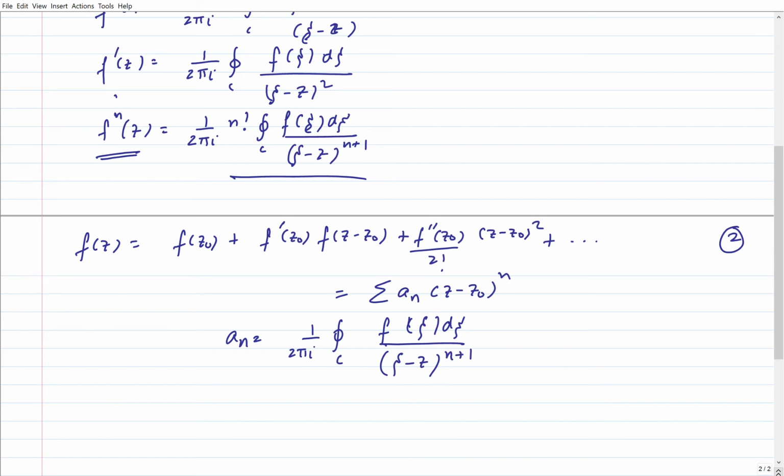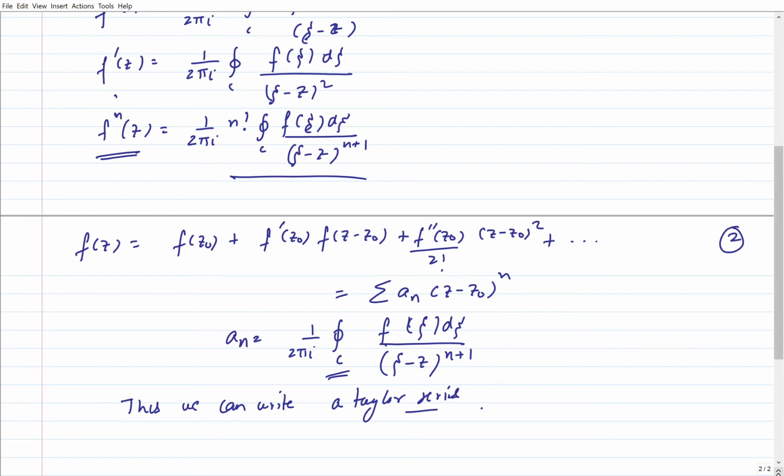So thus you see that we can write a Taylor series, and of course the convergence of the Taylor series is going to depend upon this integral and the choice of the contour. But let's go along.